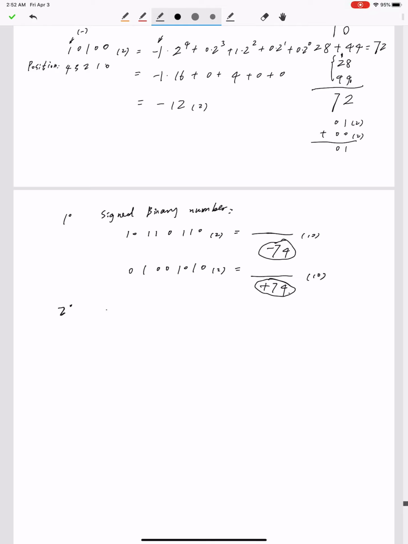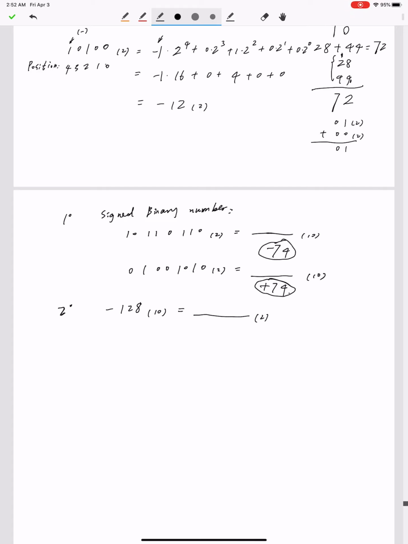Second one. What is minus 128 in the decimal representation? Sorry, what is minus 128 in the binary representation?